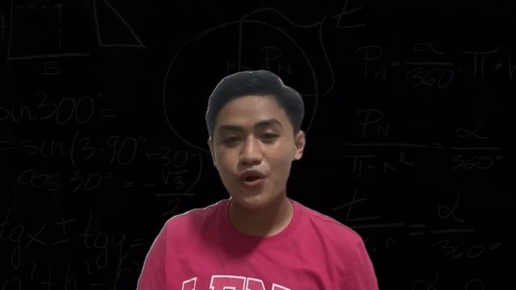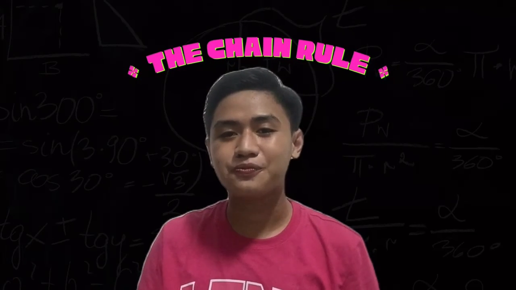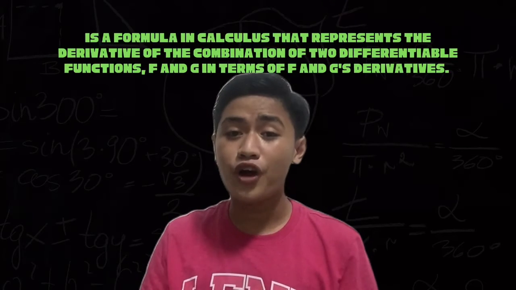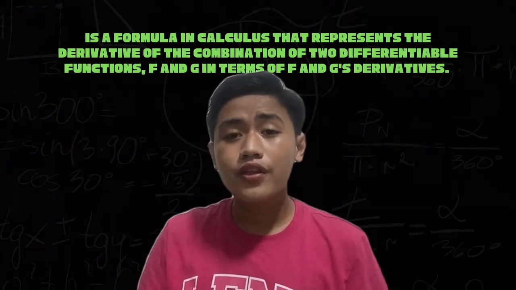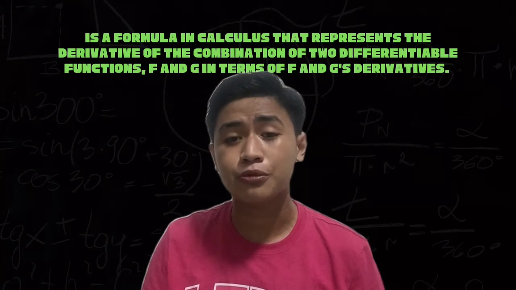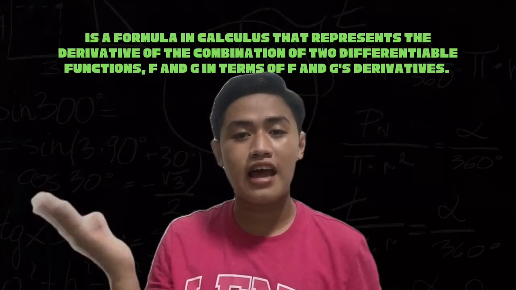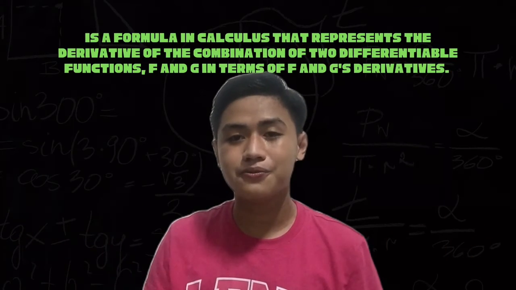Now, let us continue on our next topic, the chain rule of differentiation. The chain rule is a formula in calculus that represents the derivative of the combination of two differentiable functions, f and g, in terms of f and g's derivatives.